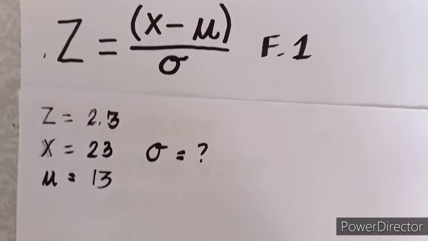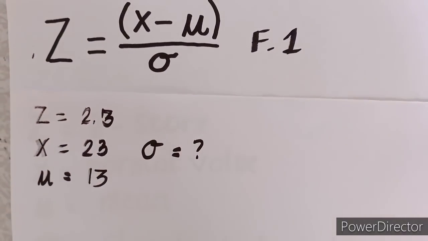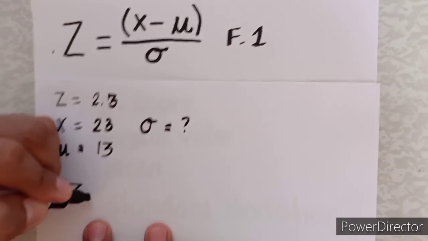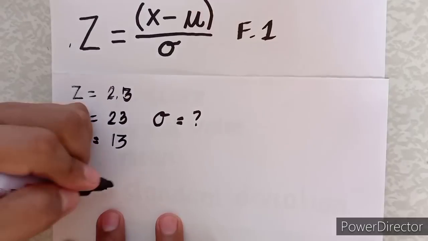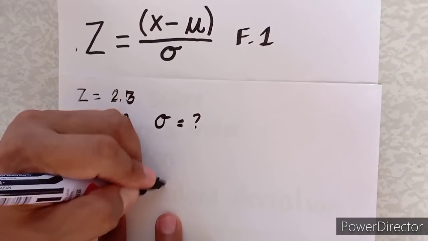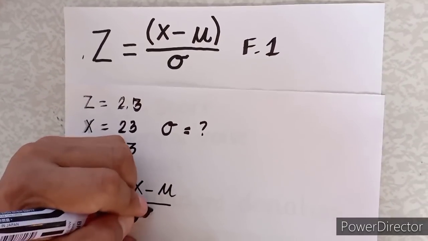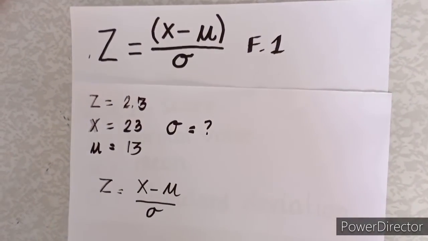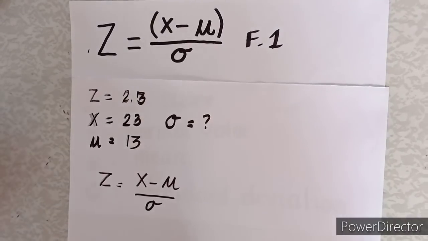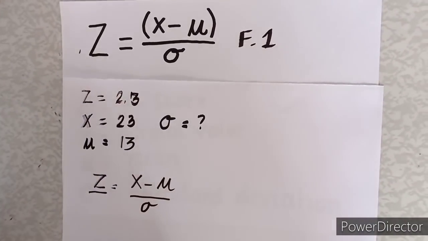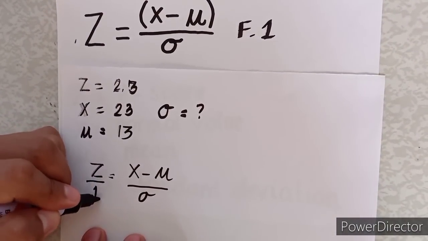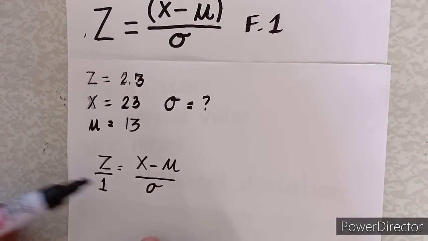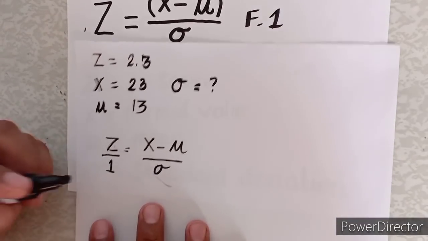So, Jason, anong formula niyan? Let's go back to our original formula, which is Z is equal to X minus mean all over standard deviation. Take note, guys, paulit-ulit kong sinasabi to, Grade 11 pa lang kayo and Grade 12, lahat po ng whole number ay mayroong imaginary denominator of 1. With the help of the cross multiplication, Z times 1 is equal to what?